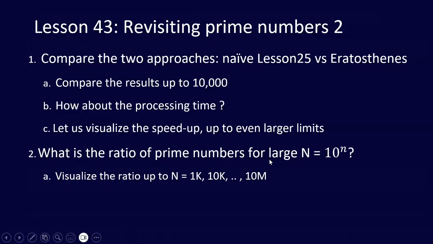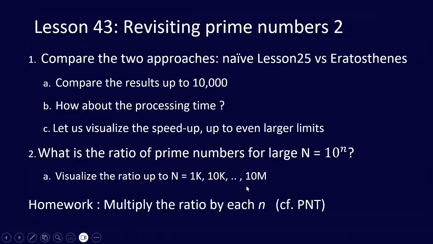To do that, you can multiply the ratio by the log of large n. And that's something to do with a very important mathematical theorem called PNT, the prime number theorem. So if you're interested, please study and find out more about PNT and see if you can prove something about this. Okay, we'll come back to this topic next time.